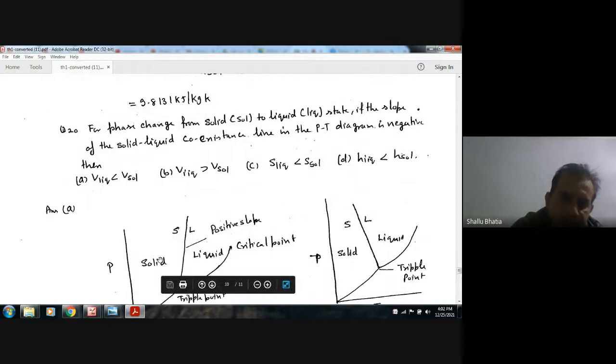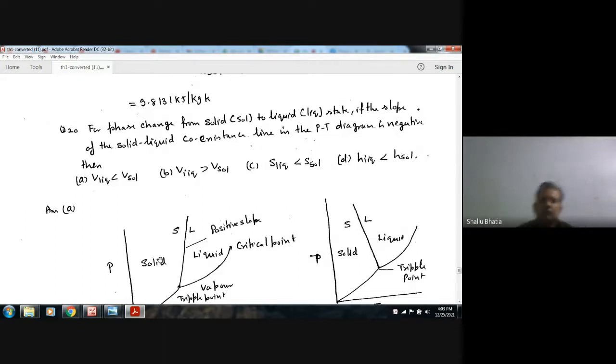For phase change from solid to liquid state, if the slope of the solid-liquid coexistence line in the PT diagram is negative, then which is correct: V liquid less than V solid, V liquid greater than V solid, S liquid less than S solid, H liquid less than H solid.